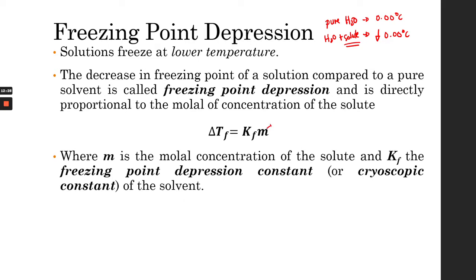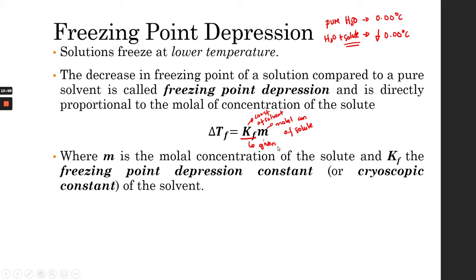So this is the molar concentration of solute, and this is the constant of solvent. This Kf is usually most of the time given in the problem, unless it is what you're solving for.